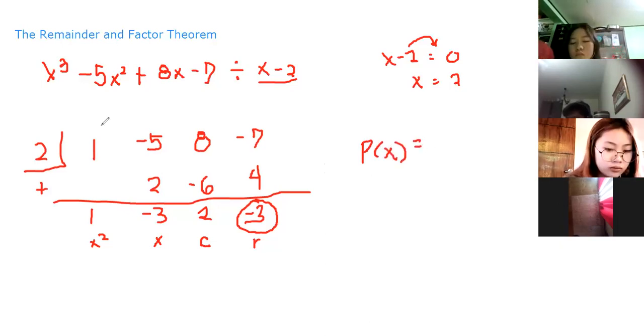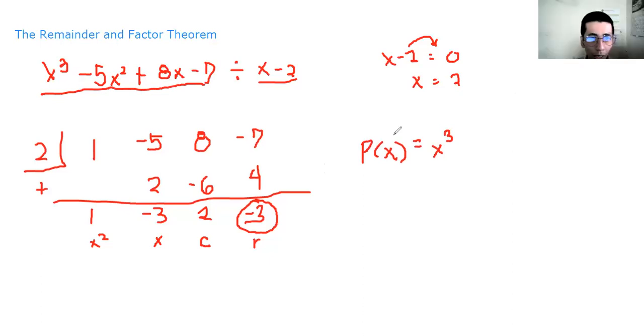P of x is equal, so, kopyahin lang muna natin yung given natin. We have x cubed minus 5x squared plus 8x minus 7. Okay. Ano yung isa-substitute natin sa lahat ng x?